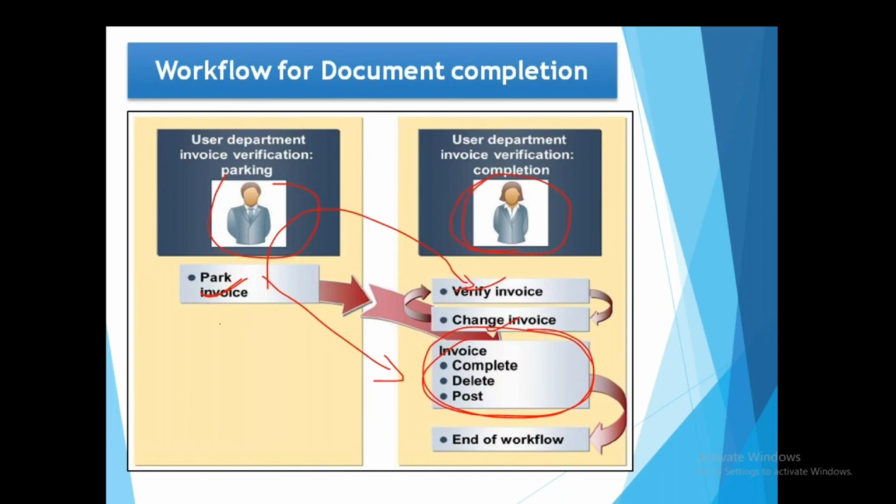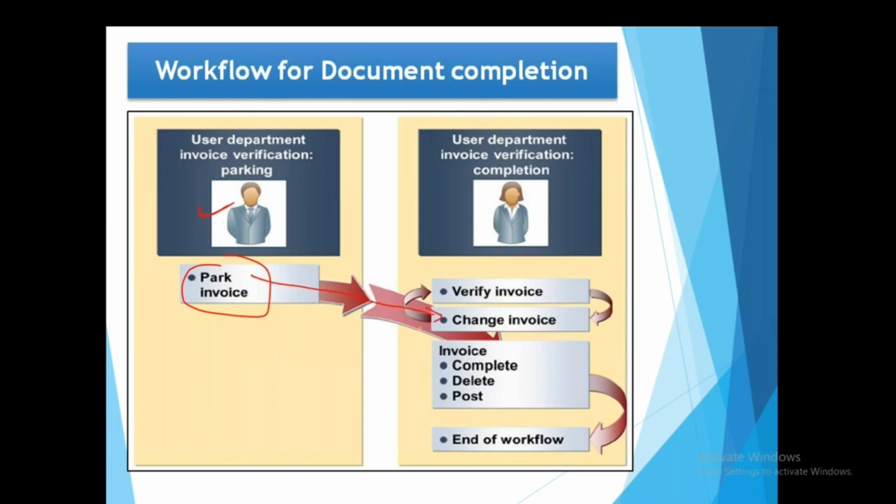So when an inexperienced clerk parks an invoice, it automatically triggers a mail to the senior clerk who can complete the invoice. As a functional consultant, you should only know this option is available.